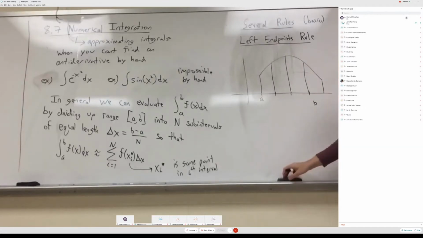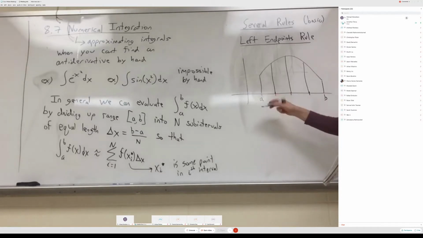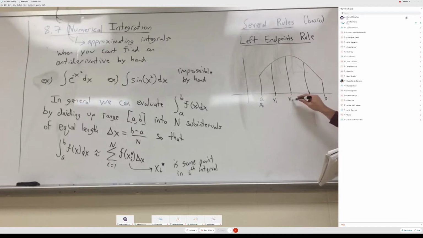Fourth from wherever that ends to B. Okay, so we're going to call these little spots x sub 0, x sub 1, x sub 2, x sub 3, and x sub 4. Those are all the dividing points between the intervals. We'll be able to easily figure out what those are in a bit.